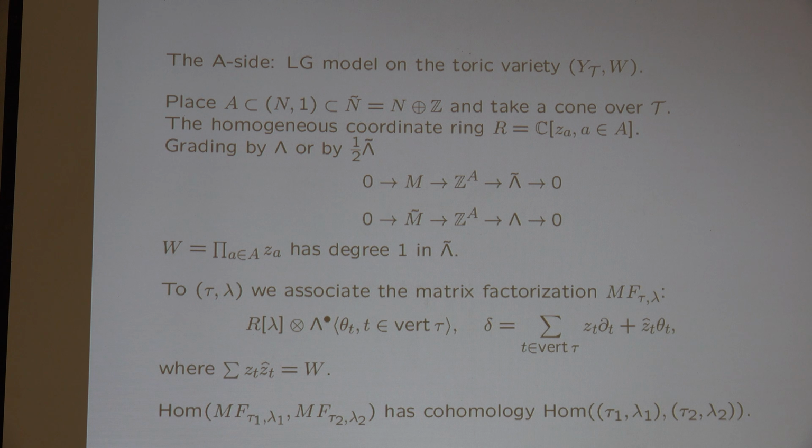Of course, there is more to do, right? This is a DG thing, so we need to do this homotopy contraction argument to compute the higher m's for the A-infinity structure, but that's still work in progress. So far, we just computed the Homs, and I believe the product on Homs is also okay, but that's as far as we have done so far. Okay, thank you.